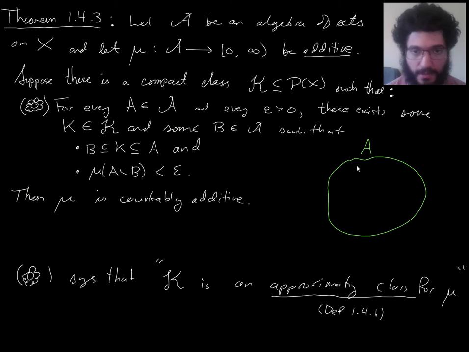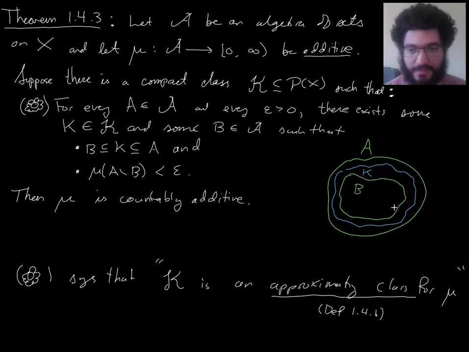Then no matter how small of an epsilon you pick here, there exists some blue, let's call it K, and some other green B, so that K gets stuffed between A and B, and the region here has a value of mu, which you can imagine is like area or measure or something like that, less than epsilon.